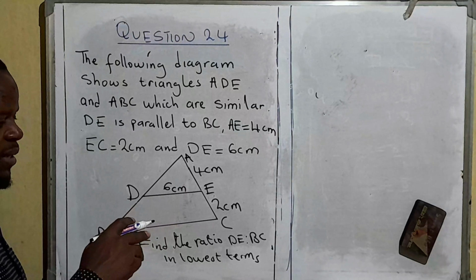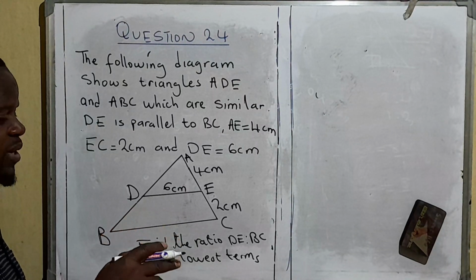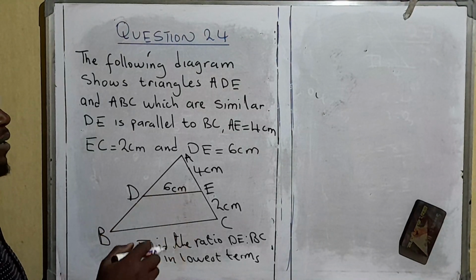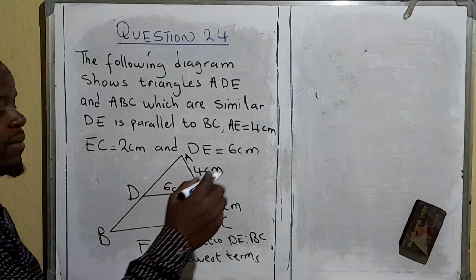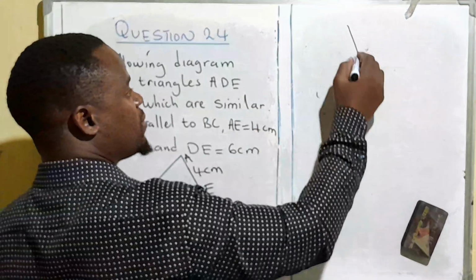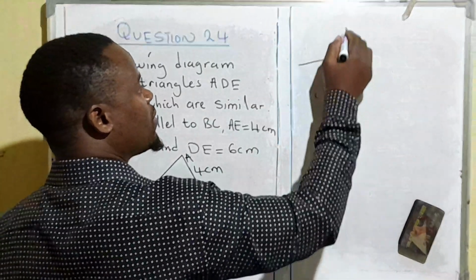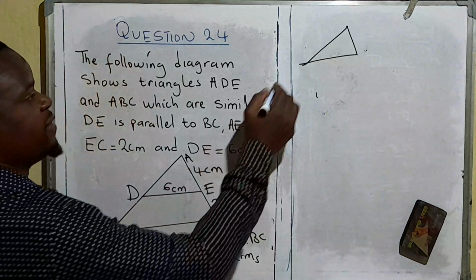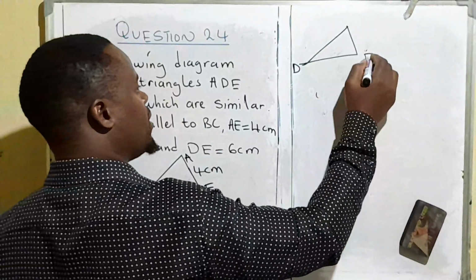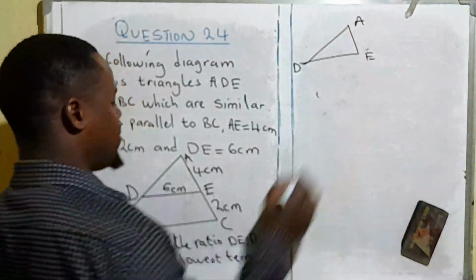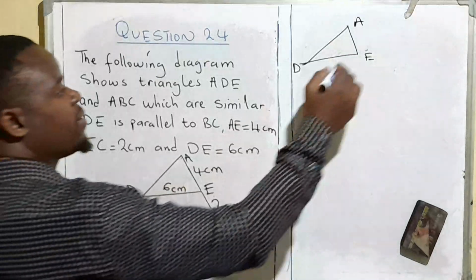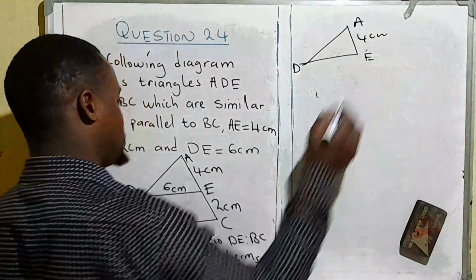To resolve this correctly, I encourage children to separate the triangles. Say there's this triangle ADE. We have D here, E, and A. From here to there, it's 4 centimeters.